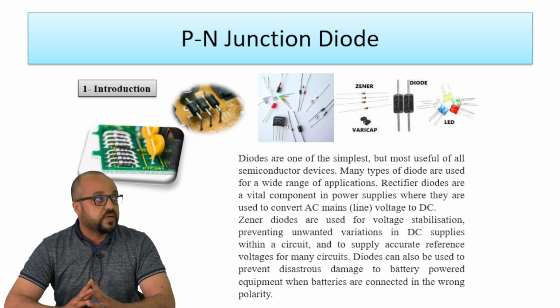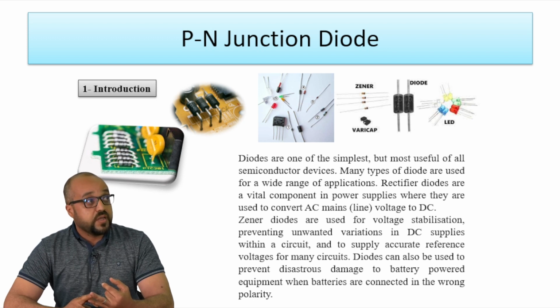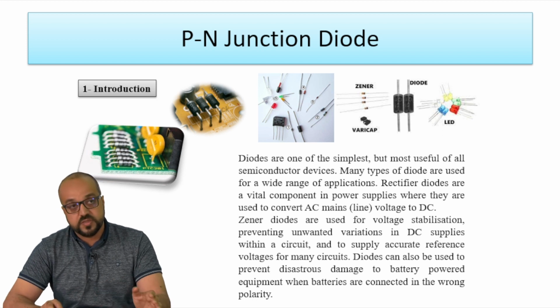Zener diodes are used for voltage stabilization, preventing unwanted variation of DC voltage, and to supply an accurate reference voltage for many circuits.